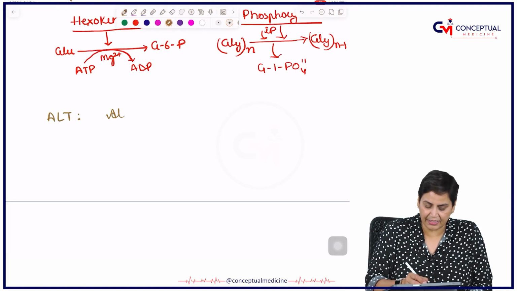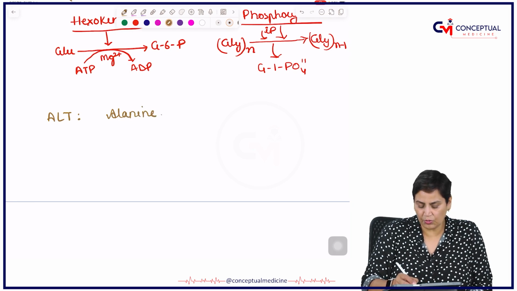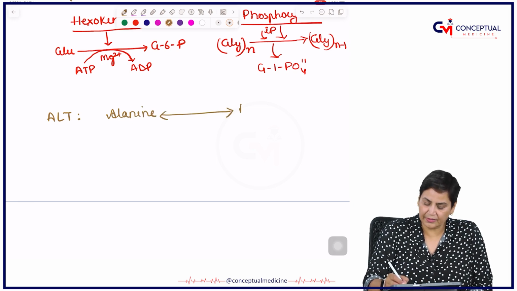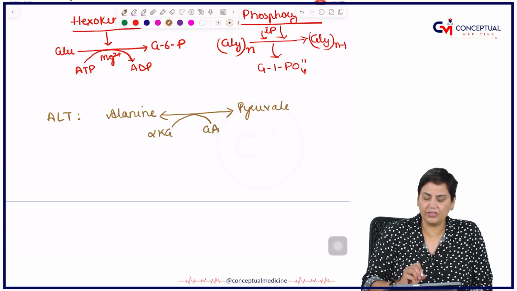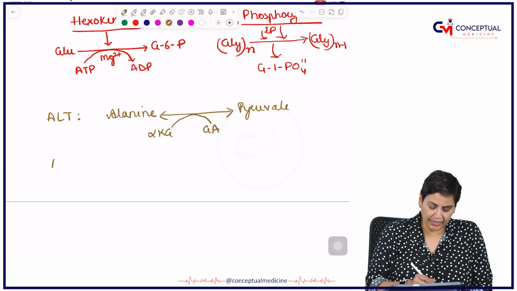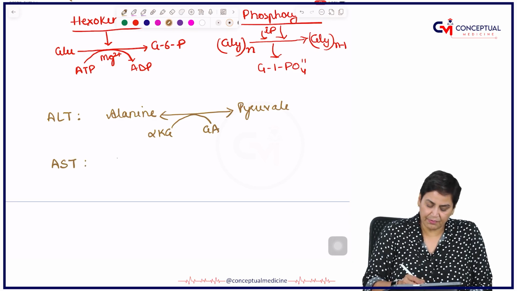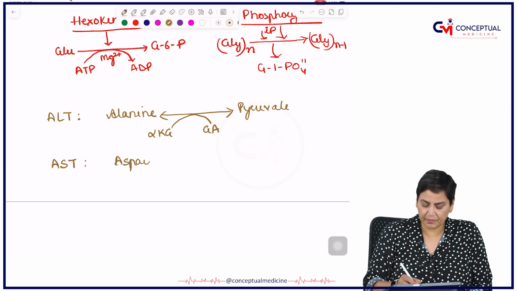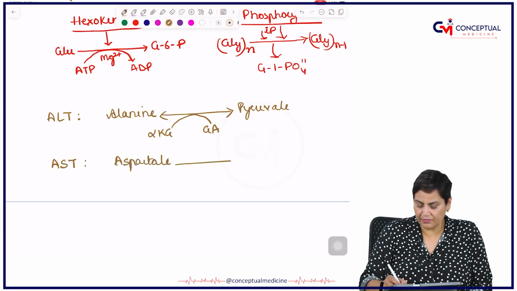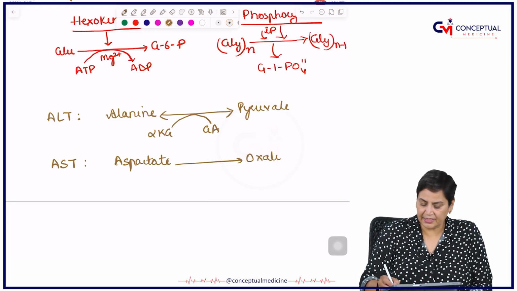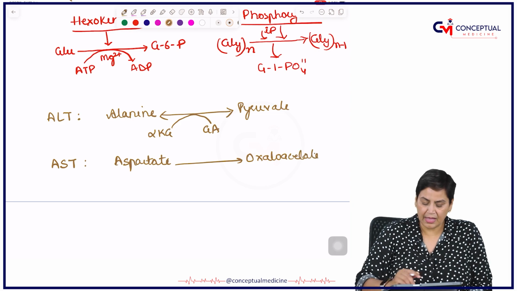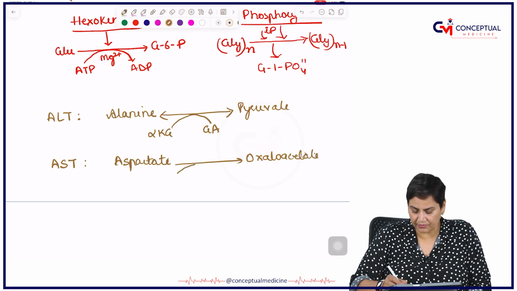And if we talk about SGOT and SGPT, we can simply say that alanine transaminase will simply convert alanine to pyruvate, taking alpha ketoglutarate and converting it to glutamate in the presence of enzyme alanine transaminase. And if we talk about AST, simple aspartate will be converted into oxaloacetate, and again alpha ketoglutarate will be converted into glutamate.